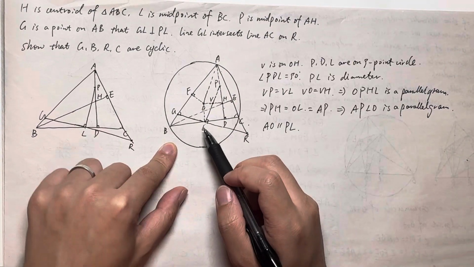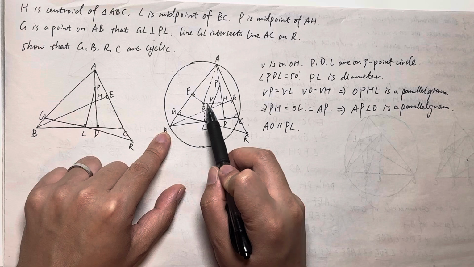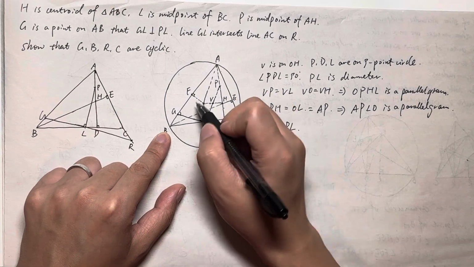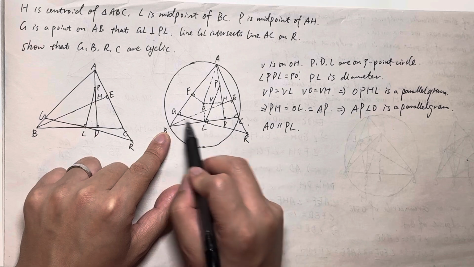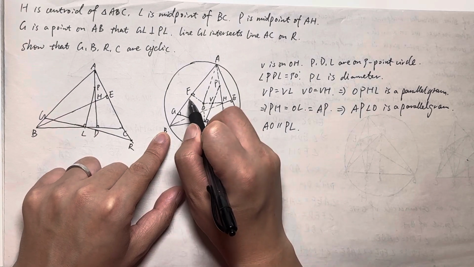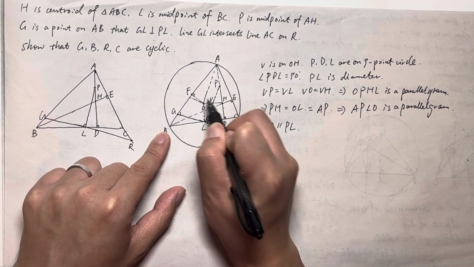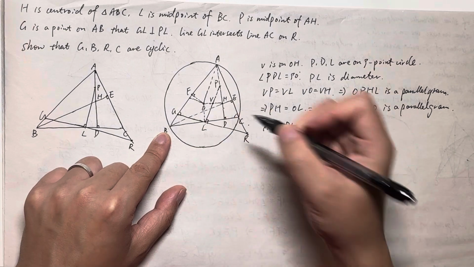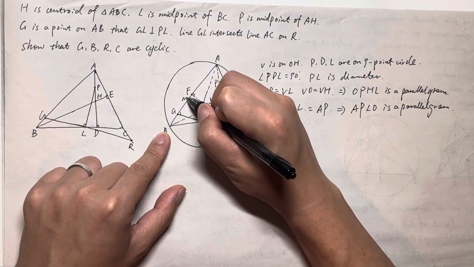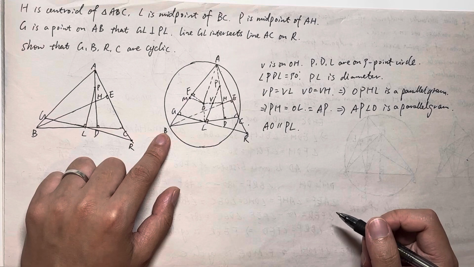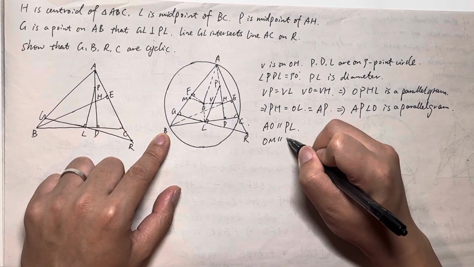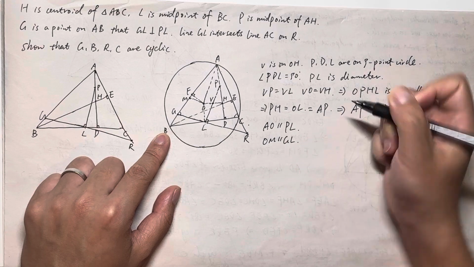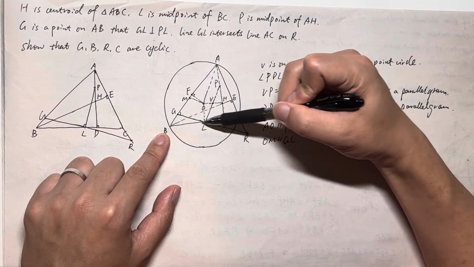And then we draw a line from O that is parallel to GL. Let's call this point M. So OM is parallel to GL.